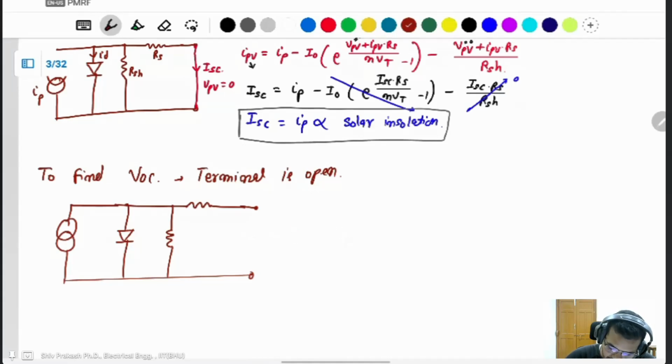You can say VPV is equal to the open circuit voltage. What is the current? IPV is 0 because of the open circuit.